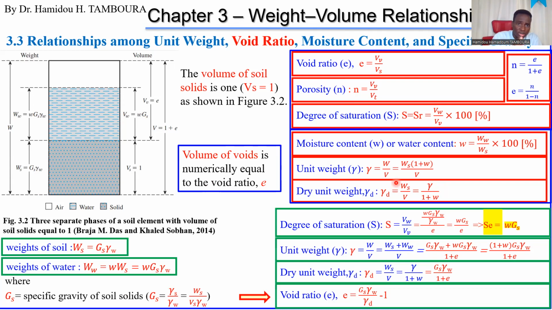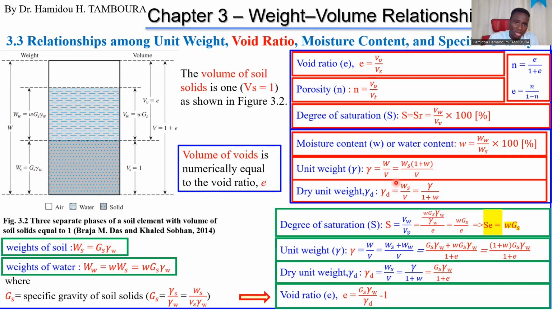So if you have this kind of situation where the keyword is void ratio, in the given data you have void ratio, or the question is asking for void ratio, immediately you should think about this method. And the method is easy.